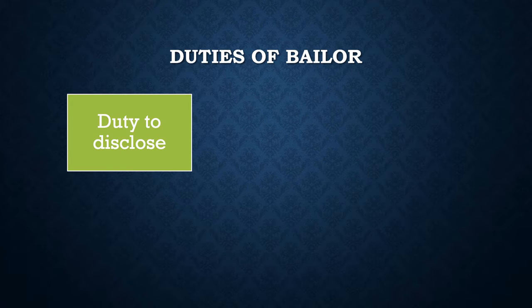So you got it clear that there is a slight difference in the level of duty: duty to disclose whatever he knows in case of gratuitous bailment, and duty to find out everything and disclose in case of a non-gratuitous bailment.